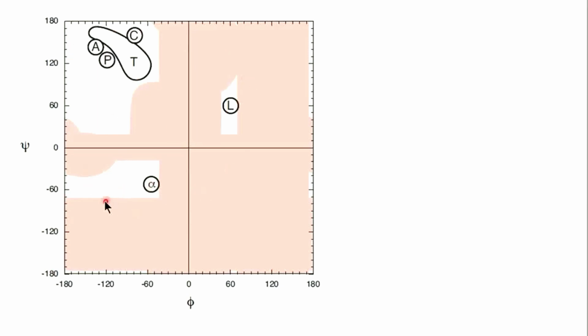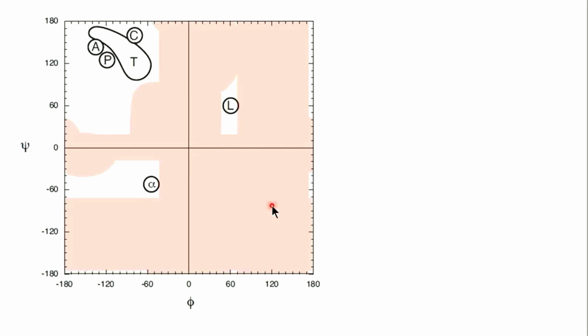Quadrant number 1 is having the negative values for both phi and psi. Quadrant number 2 is having positive value for psi but negative value for phi. Quadrant number 3 is having positive value for phi as well as positive value for psi, and quadrant number 4 is showing the positive value for phi but negative value of psi.